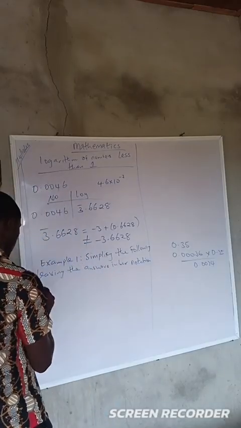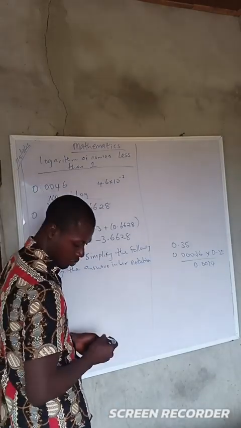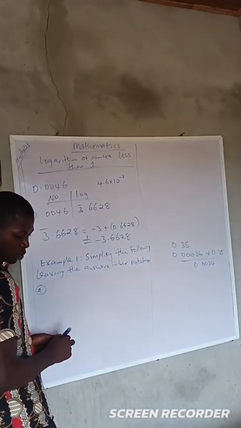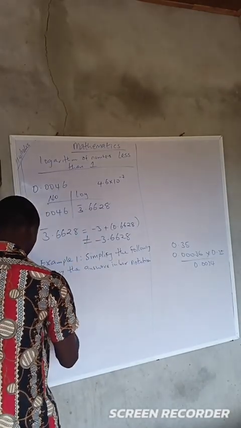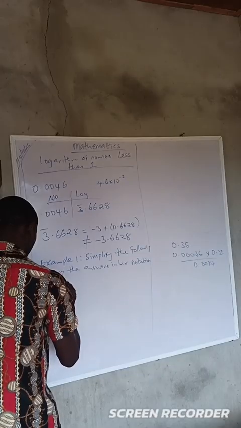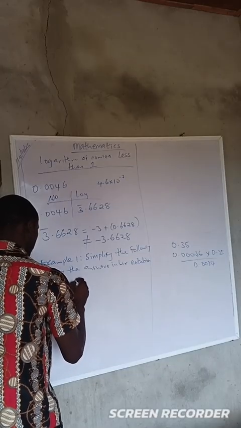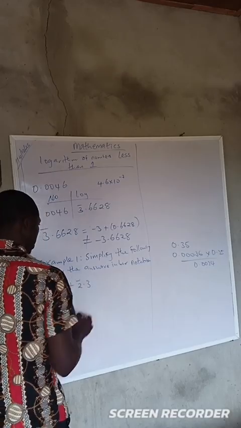So the first one, we have bar 5.7 plus bar 2.3. Bar 5.7 plus bar 2.3.